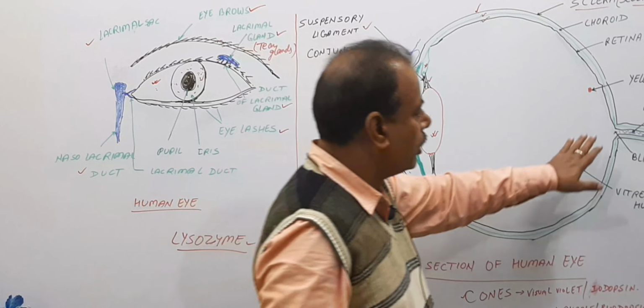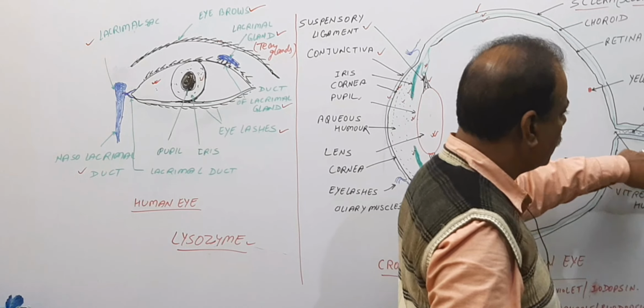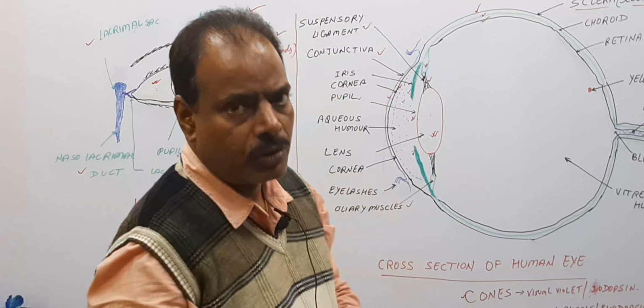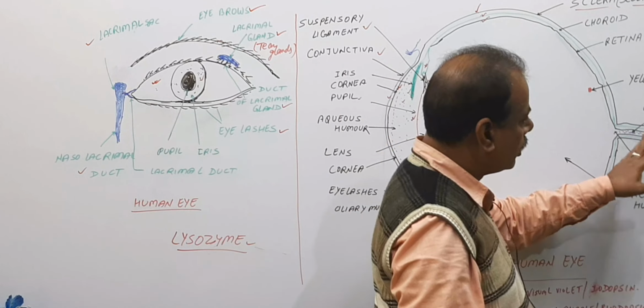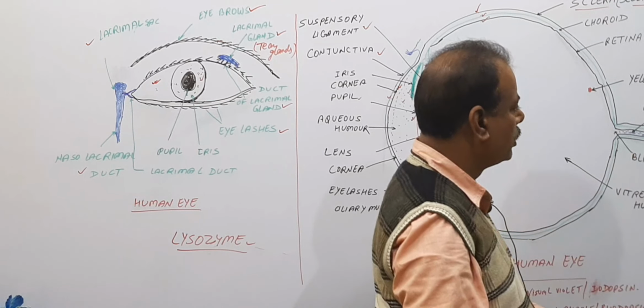The optic nerve is made up of nerve fibers of rods mostly, and also the cones.